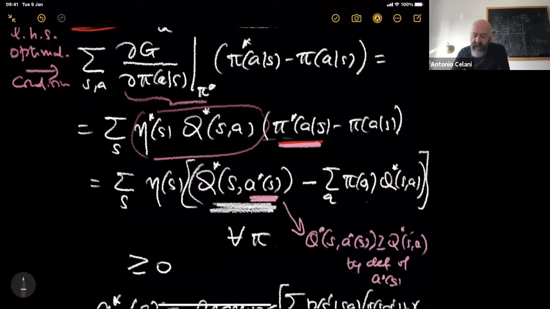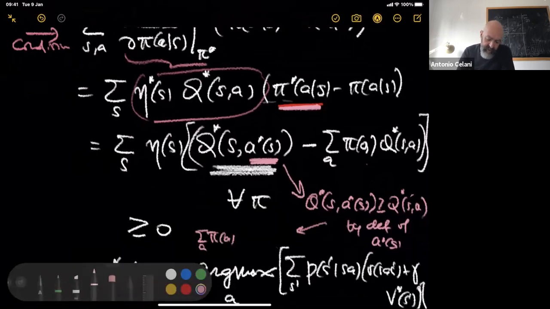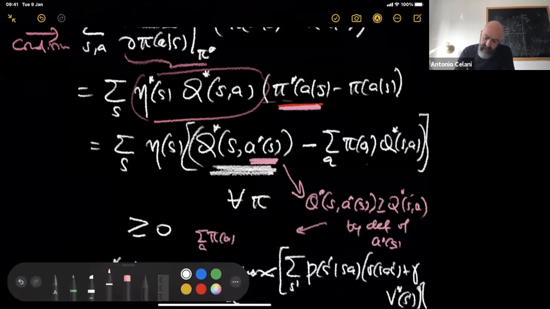But then if I combine all these things on the right with any policy, operationally, if I take this and I multiply on both sides by sum over A of pi of A given S, so there should also be an S here.